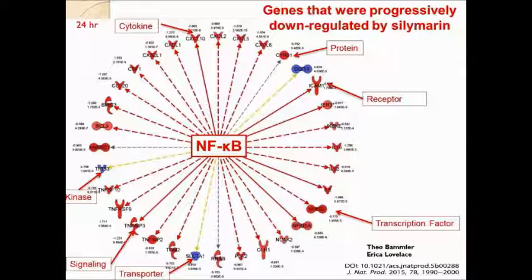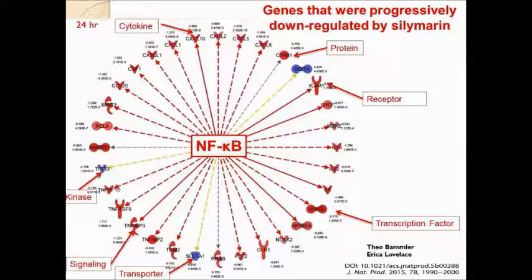These data are basically called Ingenuity Pathway Analysis pinwheels. At the center is the predicted regulator of all the genes on the outside of the wheel, which comprise the spokes. The majority of these genes, in red, indicating that they were downregulated, were significantly regulated or inhibited by silymarin treatment.